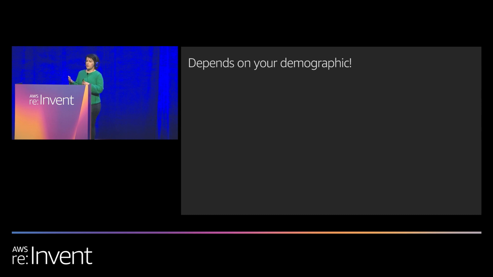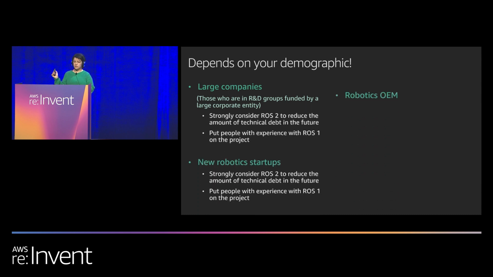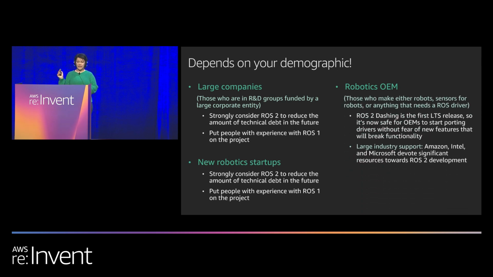When I asked them which demographics should be worrying about porting to ROS 2 or not, they said a lot of it has to do with academia versus commercial applications. When you're looking at a robotics OEM, a large company, or a new robotic startup, which is what Rover Robotics is, you probably want to strongly consider ROS 2.